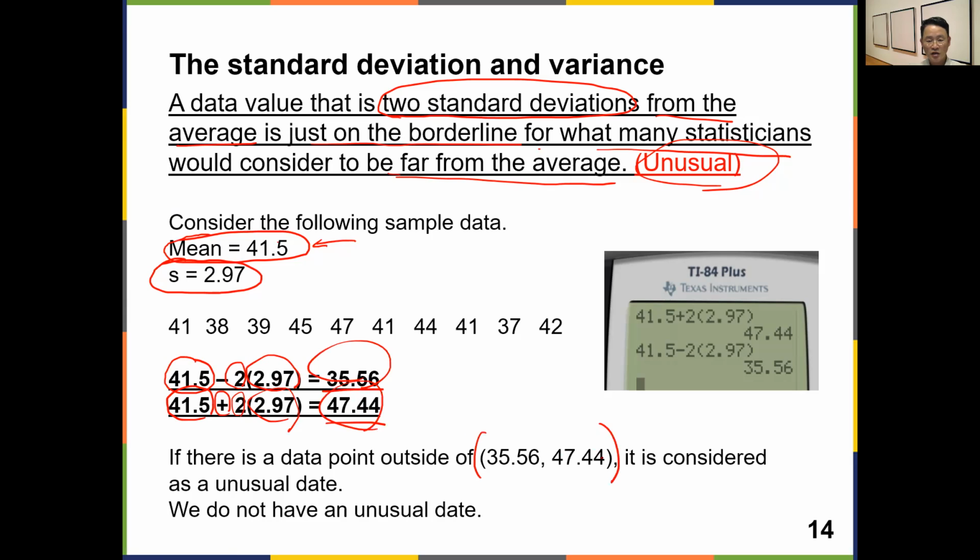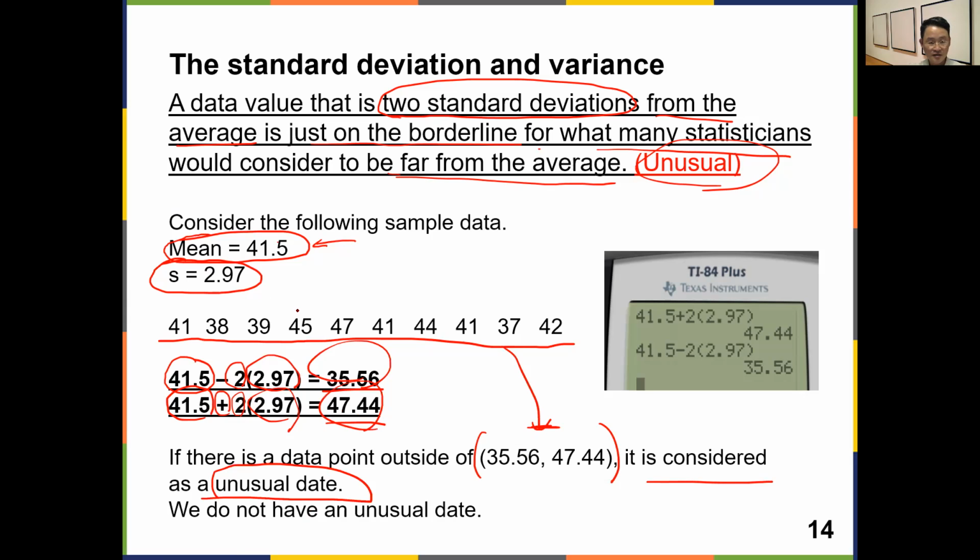So when you look at these data sets, see if any one of these data is not in between these two numbers. If any one is not in between, we consider that an unusual data point. In this case, there's no number that's not in between, so we don't think this is unusual data, right?